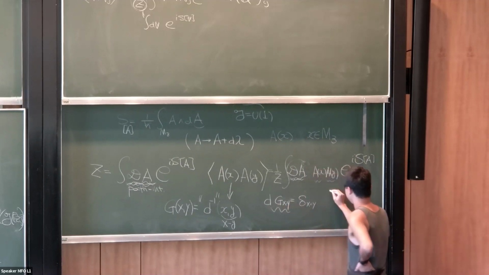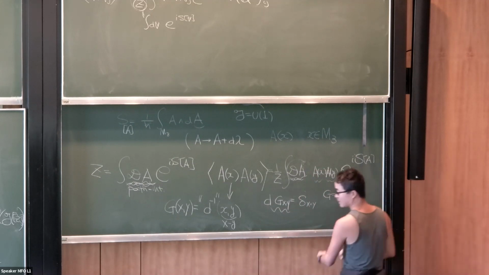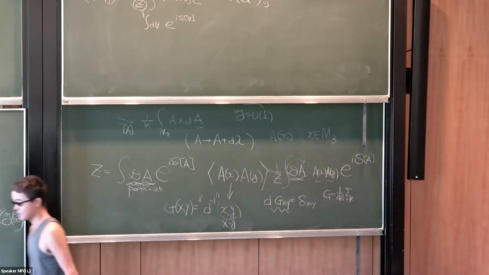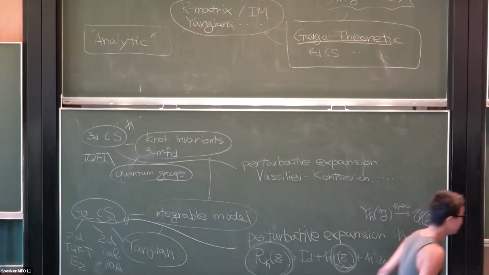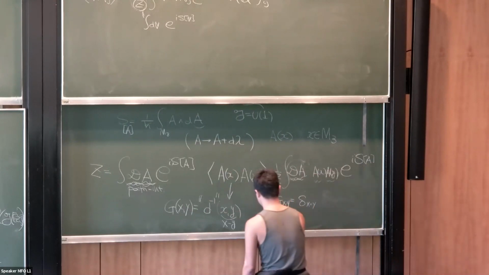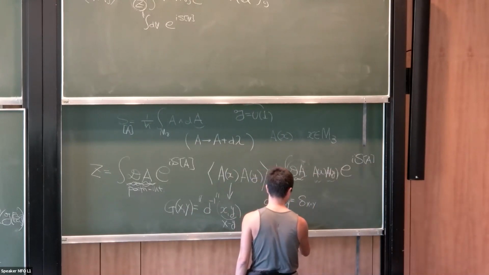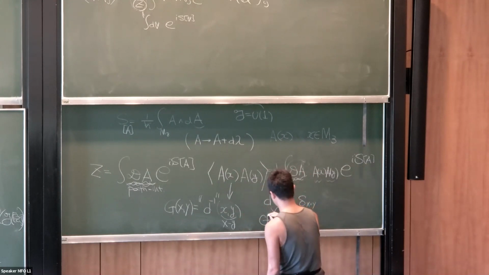And then I think this one has a form like 1 over 4 pi, and there is an epsilon_ijk. Let's see, that depends on the dimensions, but we are now in 3 dimensions. Right here, it's 1 over 4 pi, so that's the propagator as a function of x.